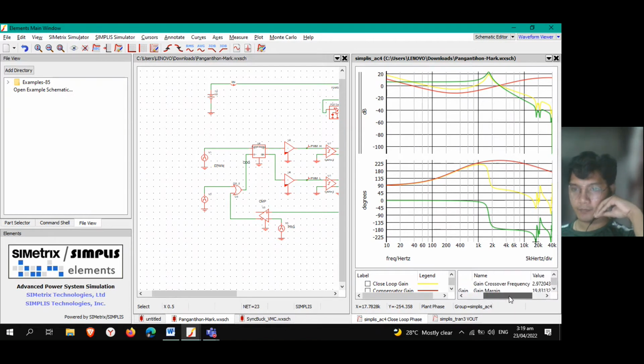Then the closed loop phase is 121.3639 degrees, and the closed loop gain is 19.831 decibels. And then this is our phase margin. The plant phase is negative 174.0526 degrees.